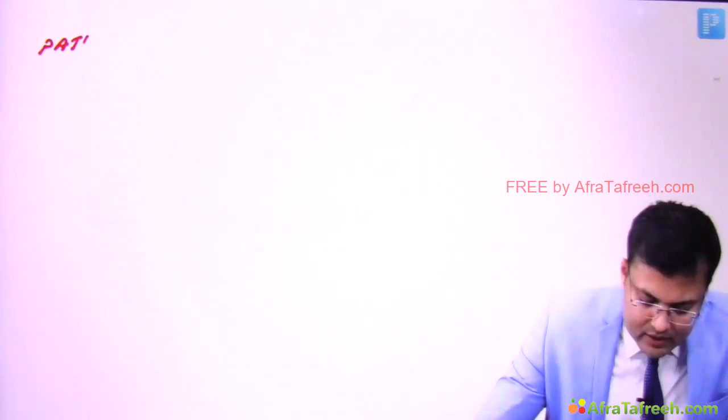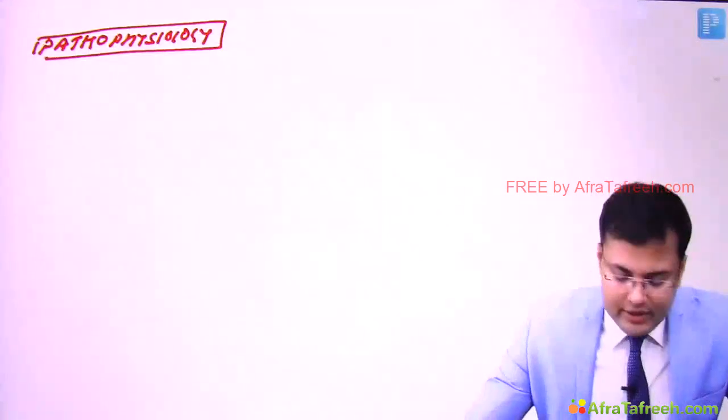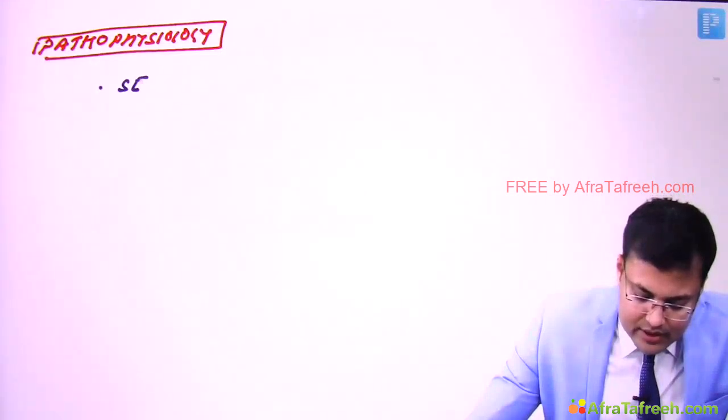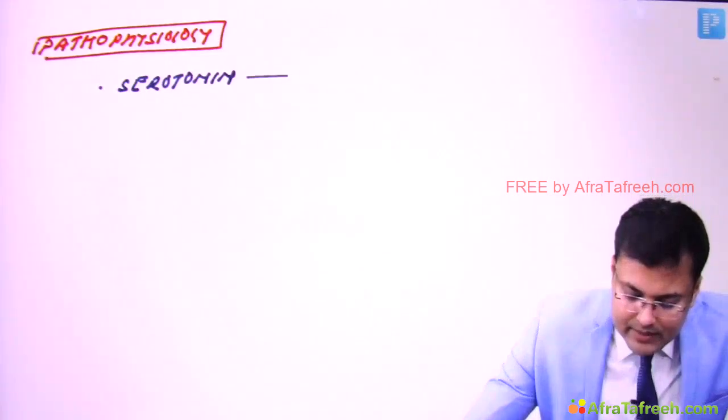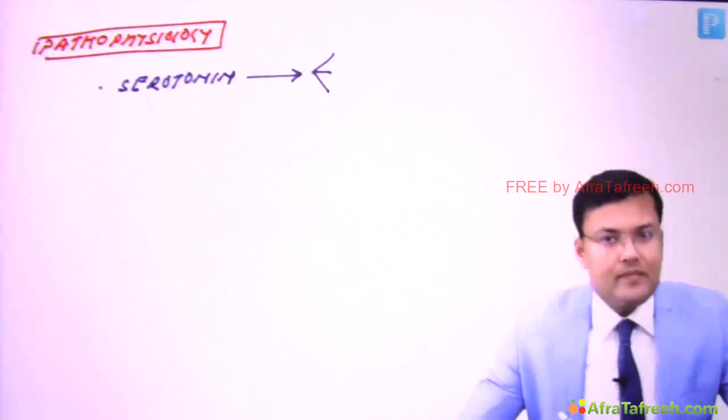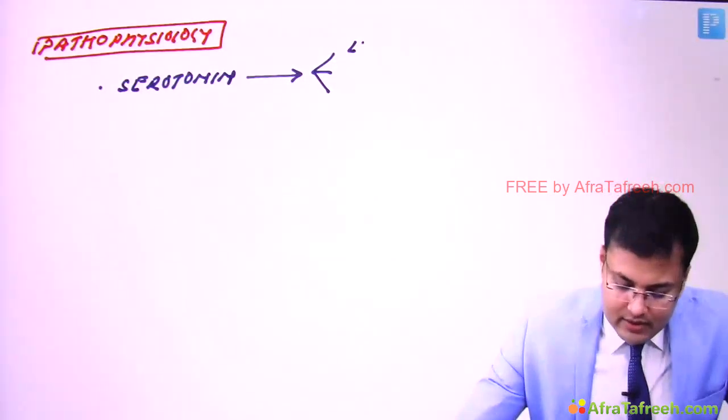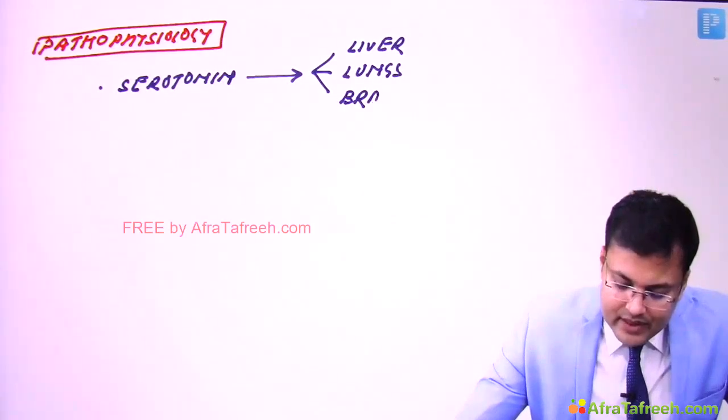Okay, pathophysiology. 5-hydroxytryptamine or serotonin is metabolized mainly in three organs. Mainly which organ? Liver. It is also metabolized in lungs as well as in the brain. Clear?